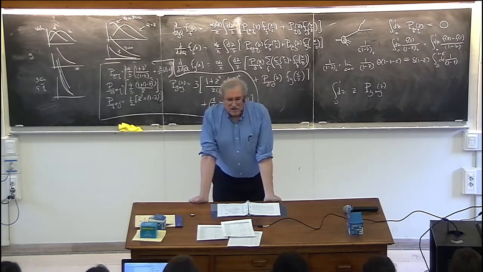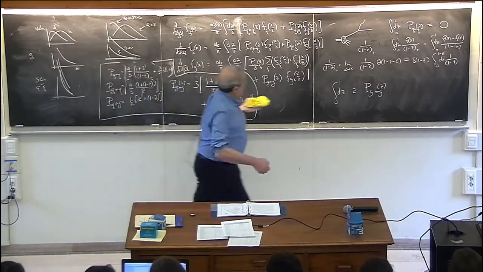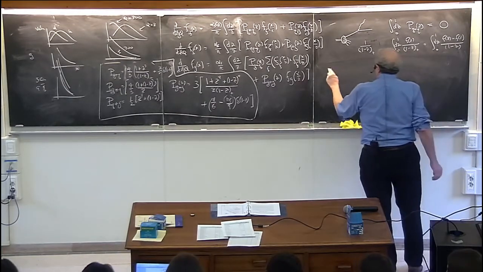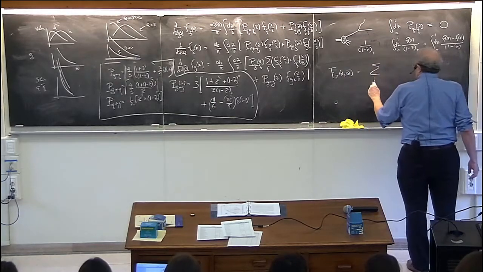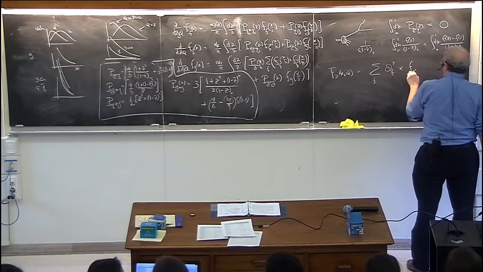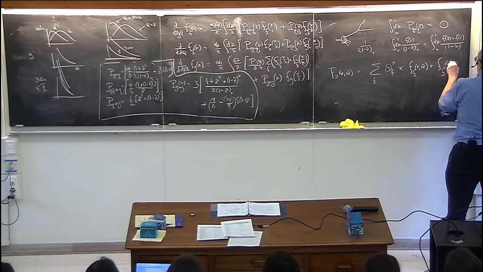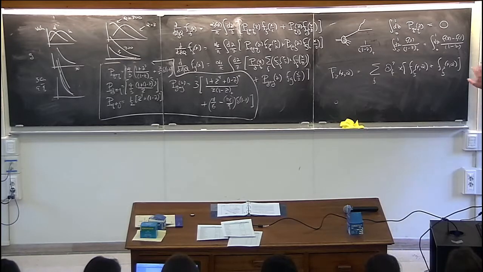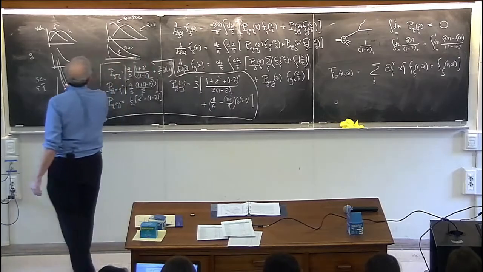In figure 1, you remember there was this quantity F2 of x that I wrote down in the previous lecture. So F2 of x, which is now a function of Q, is the sum over the quark flavors, Q_f squared, x times f_f of x plus f-bar_f of x, now as a function of Q. What happens to F2 of x as a function of Q are just the effects that I've described here.